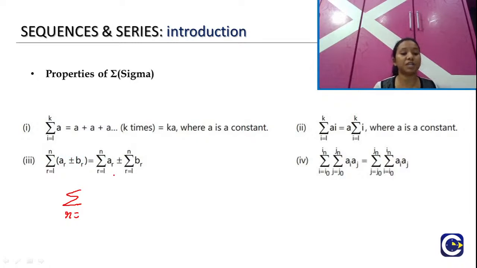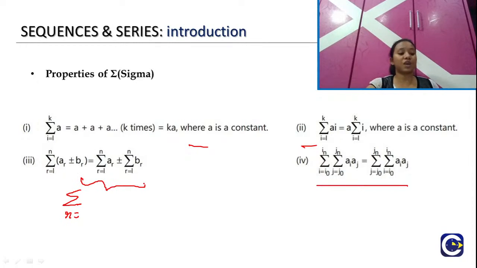Then it will become sigma r equal to 1 to n of a r plus or minus sigma r equal to 1 to n of b r. The same thing holds for the multiplication here. Right, so these are the properties related to sigma, and the first two are very important and the third will be most commonly used.